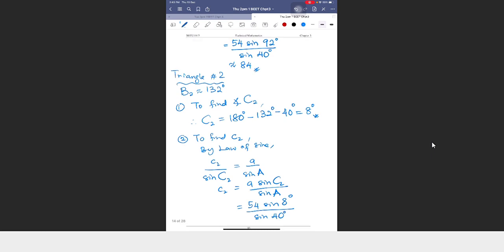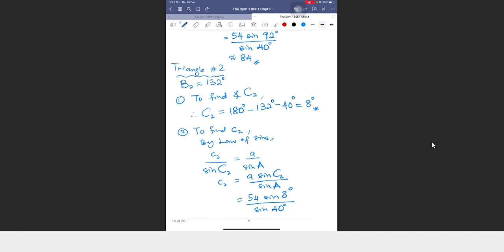If you compute this using your calculator, you will get roughly 12 unit length.